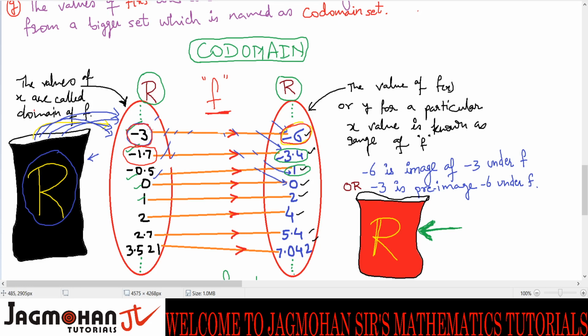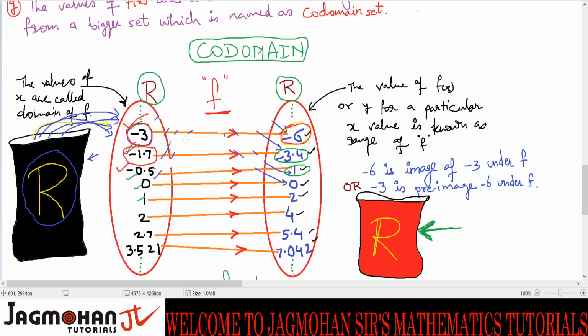What is minus 3, students? Minus 3 is the pre-image of minus 6 under f. What is negative of 1.7? It is the pre-image of negative 3.4 under f. These elements are pre-images. And what are these elements? They are the images.